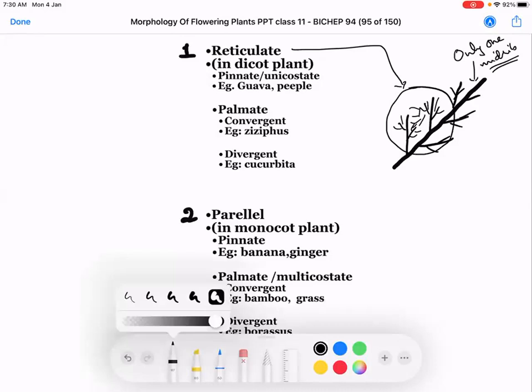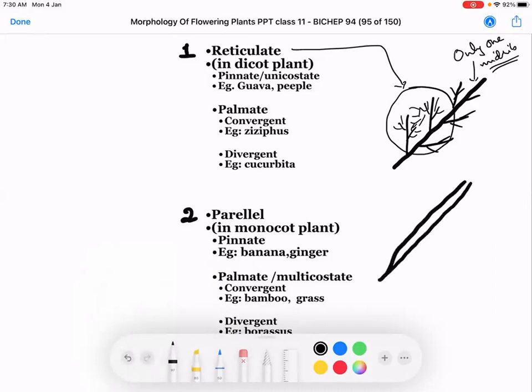Now if I talk about parallel venation, it may consist of more than one midrib like this on the surface of the leaf. Ready?